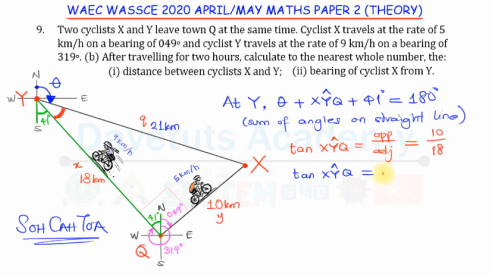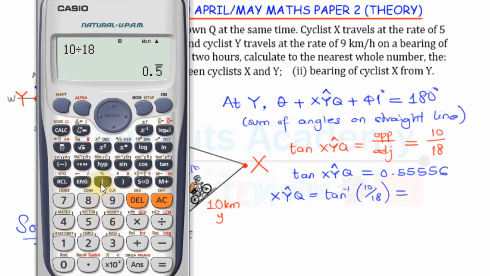So I can say it is 0.5555, then 6, since I will approximate that, such that angle XYQ is equal to arctan 5 over 9. I could even have said arctan 10 over 18 straight. So arctan 10 over 18, what's that?